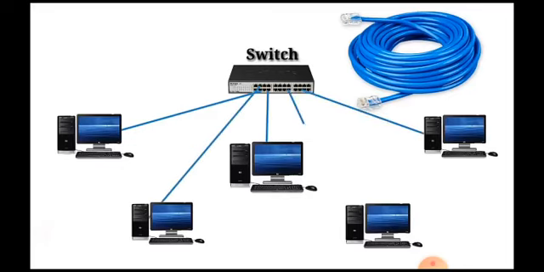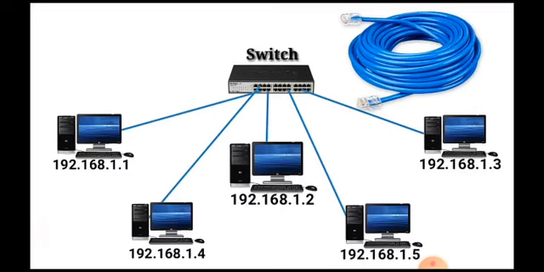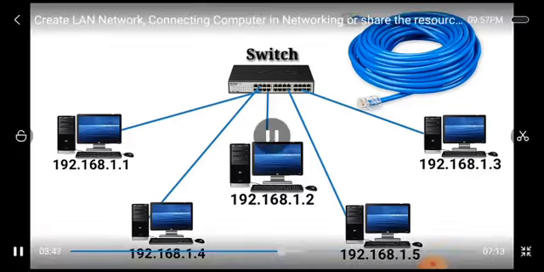There is no particular sequence for making the connections; it depends on user feasibility. We form a sequence to remember it, because to troubleshoot any kind of problem, it helps if you know which computer is connected to which port. After connecting each and every computer, you must provide an IP address to each computer.